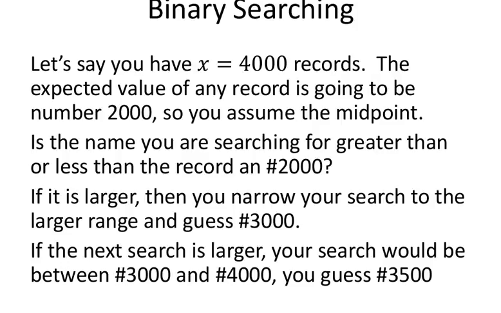So binary searching involves taking the midpoint and doing a comparison. Is this name greater than or less than the name at number 2,000? If it's larger, you've just narrowed your search space by 1/2, and you take your new midpoint of 3,000. If your following search still shows that it's a larger value, you will narrow your search down to 3,000 to 4,000, and you would guess the midpoint of 3,500.